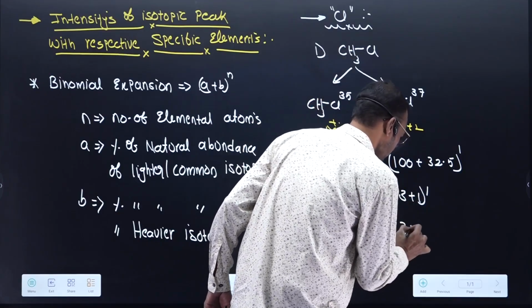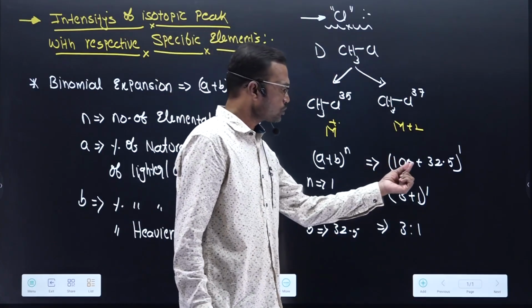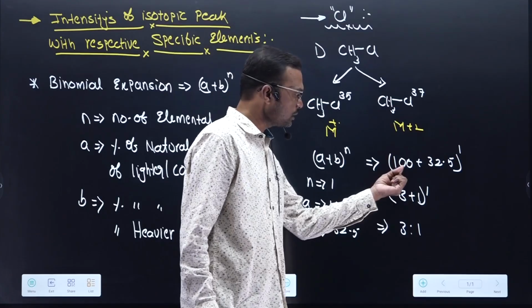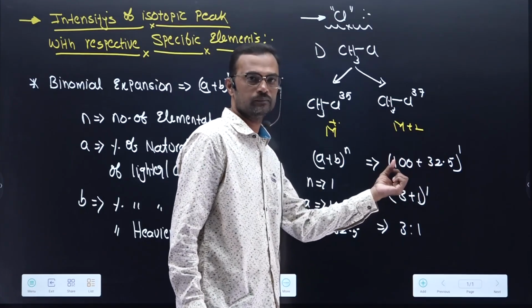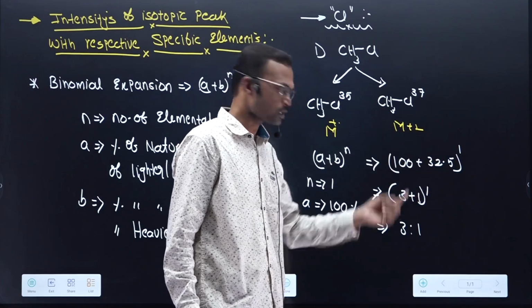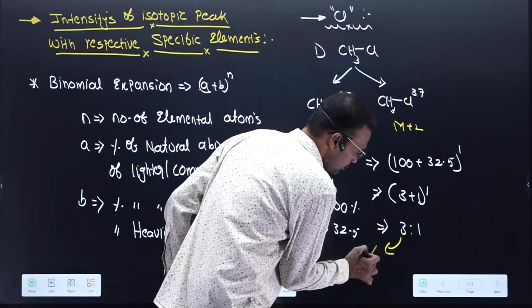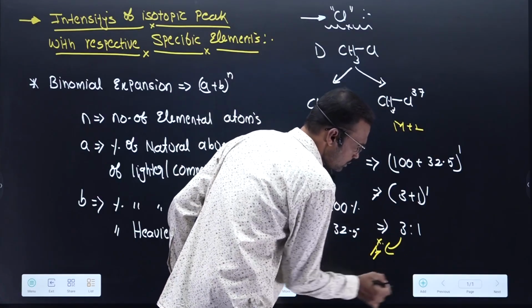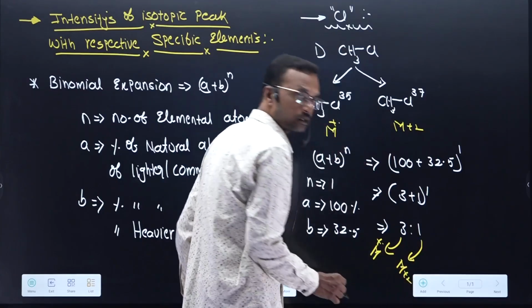And don't add these values, write down 3:1. So indirectly I am saying that out of 100, 32% belongs to the heavier isotope, which means 1/3 belongs to the heavier isotope. So almost 75% belongs to the molecular ion. So I can say the molecular ion intensity is 3 and the M plus 2 peak intensity is 1.